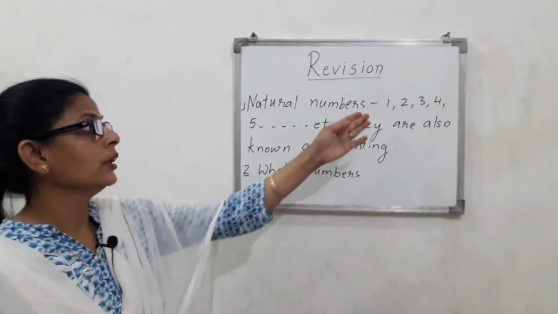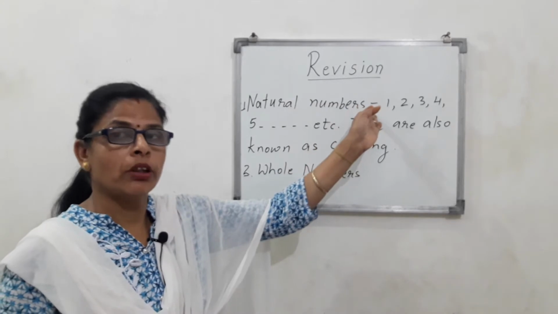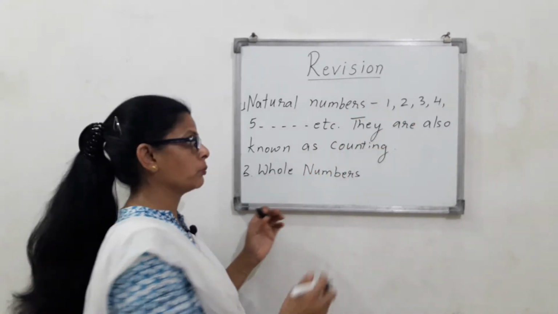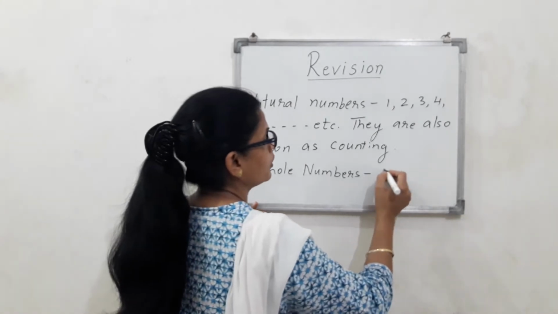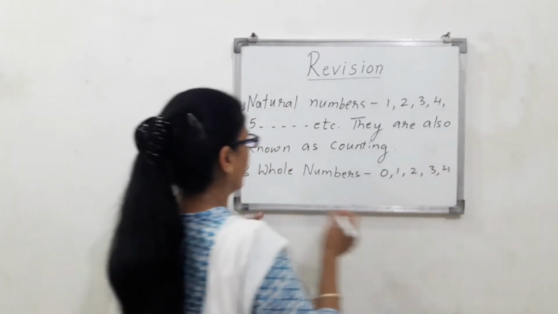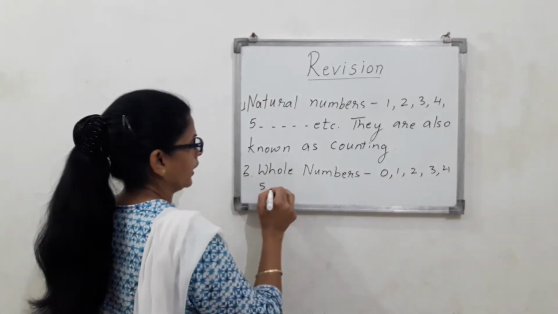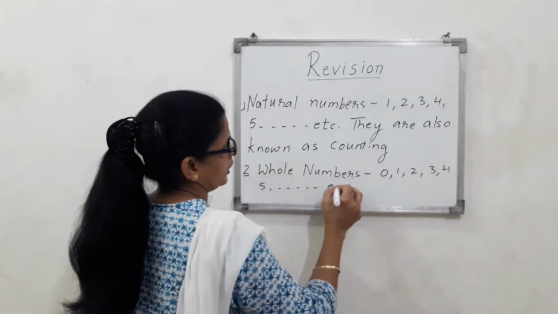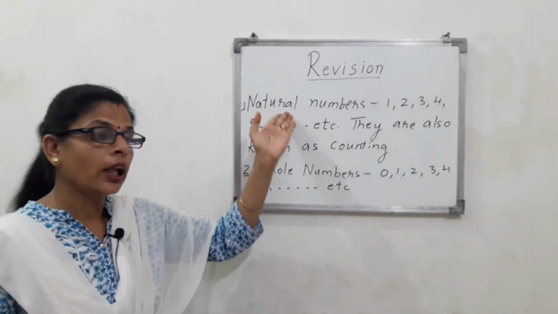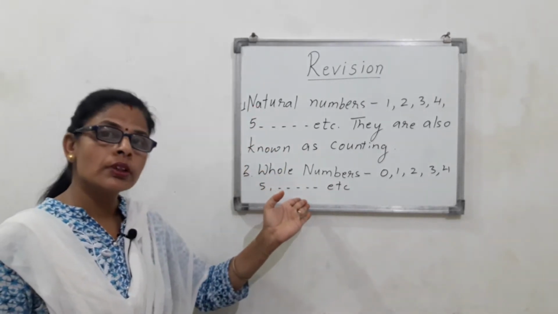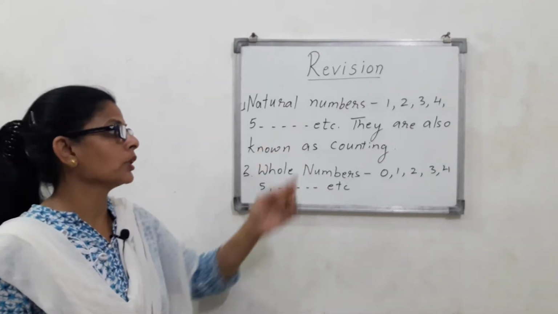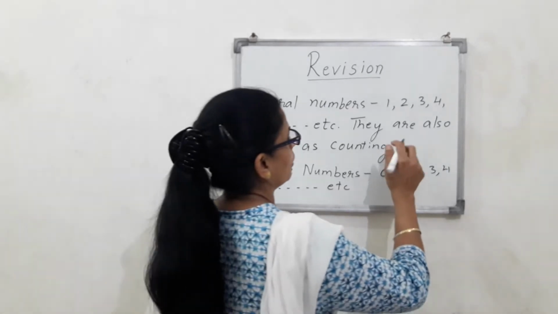Whole numbers start from 0, 1, 2, 3, 4, 5 and so on. So natural numbers start from 1 and whole numbers start from 0.